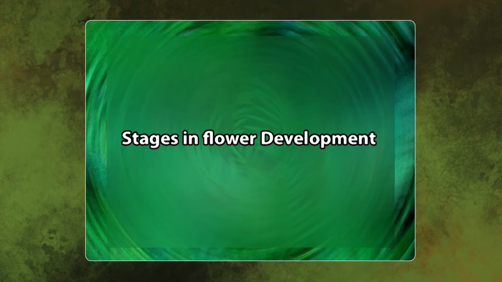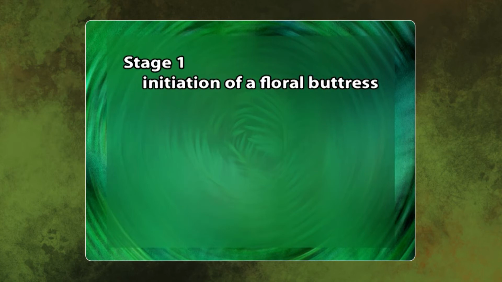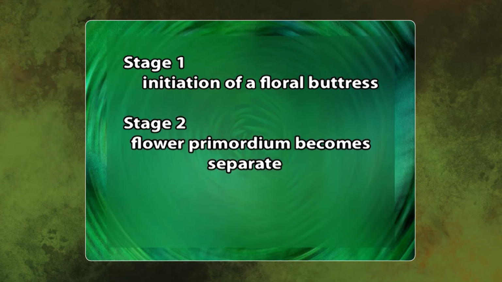Now we talk about different stages in flower development. Flower development, for convenience, has been divided into 12 stages using a series of landmark events. Stage 1 begins with the initiation of a floral buttress on the flanks of the apical meristem. Stage 2 commences when the flower primordium becomes separate from the meristem.